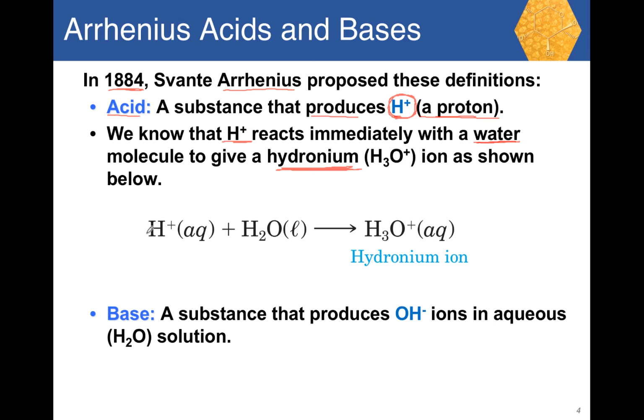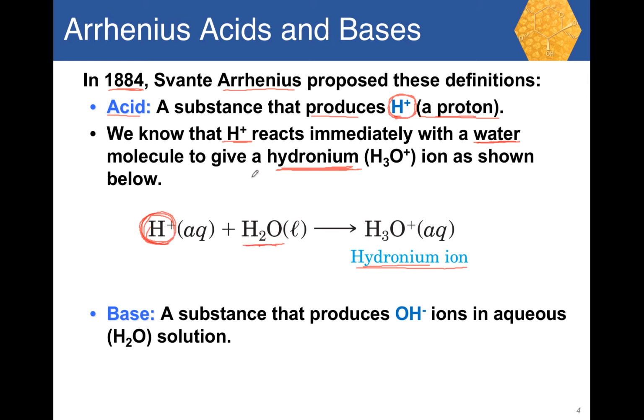The proton here, notice again, H+, you'll see this a lot throughout this lecture and chapter. The proton in water forms an ion called the hydronium ion. So that's one example of the reaction of the proton in water to produce the hydronium ion.